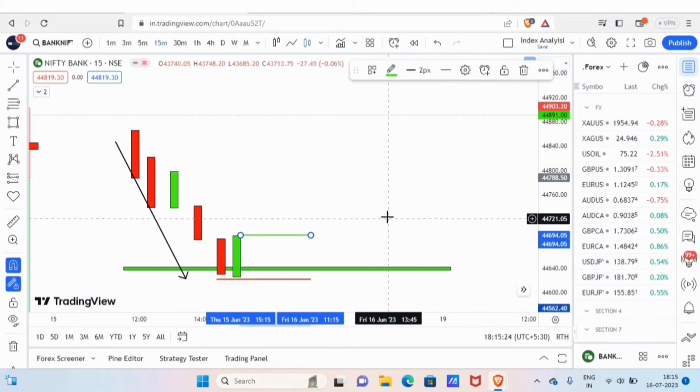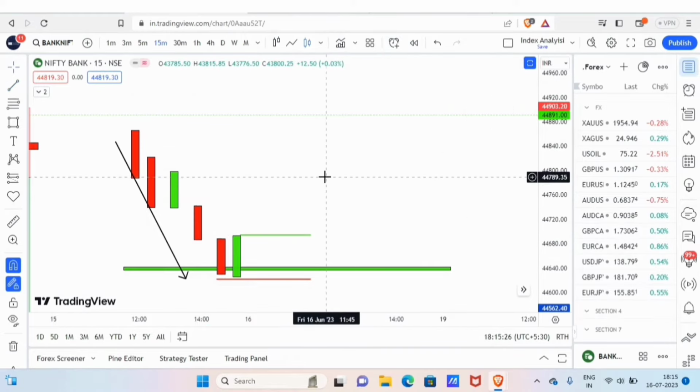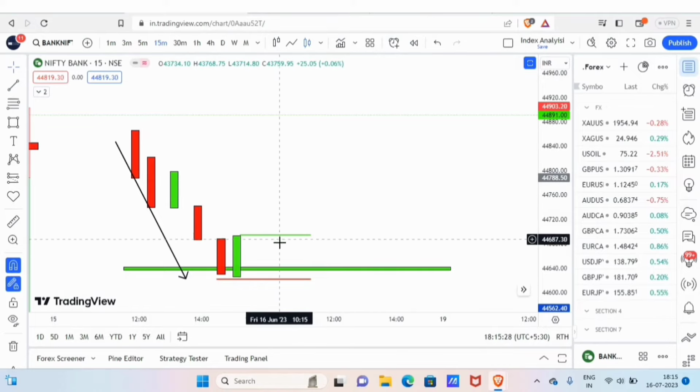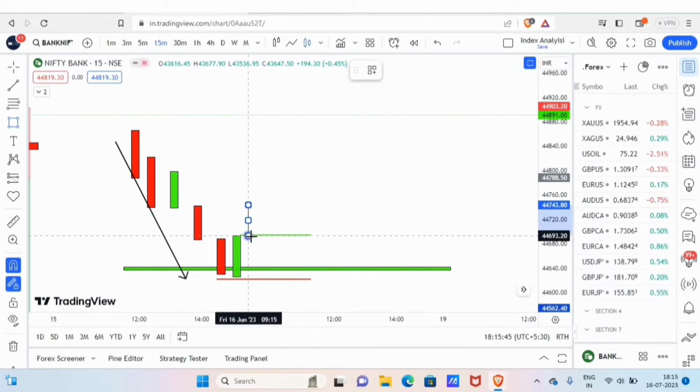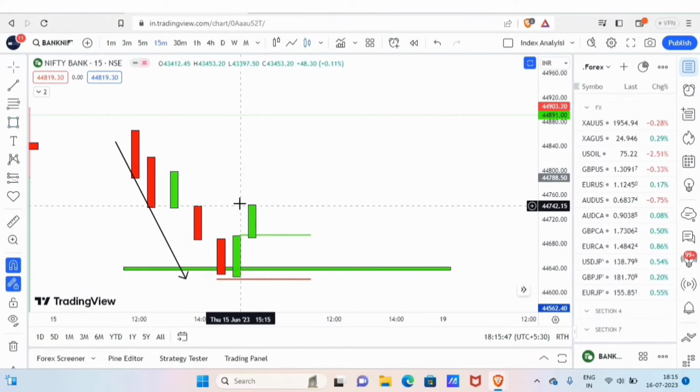And in the previous example, I showed not to go for entry and to wait for confirmation. The same is applicable here too. Only if you are an aggressive trader, you can go for a buy above the green candle and keep your stop loss below the low of the green candle. If you don't want to be a risky trader and don't want to take a chance, wait for another green candle to happen.